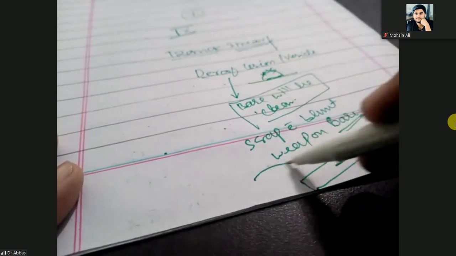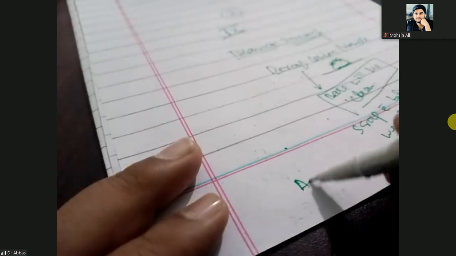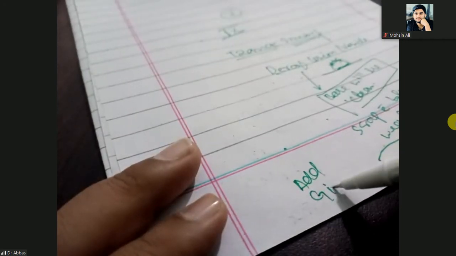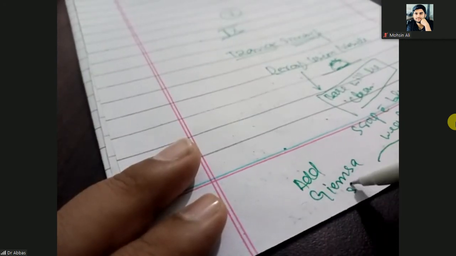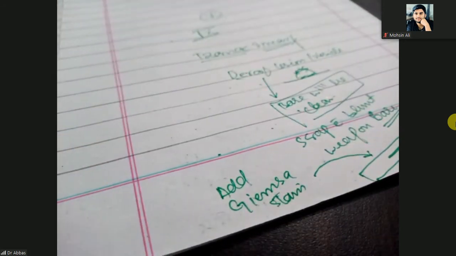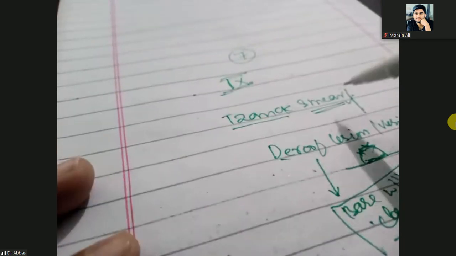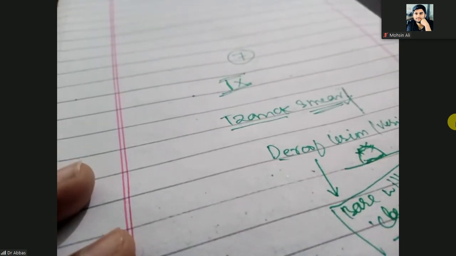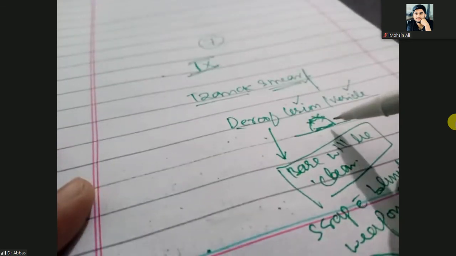After that, add Giemsa stain and look at it under the microscope. First of all, the investigation is the Tzanck smear. In the Tzanck smear, what is the process? De-roof the lesion or vesicle. The base will become very clear.